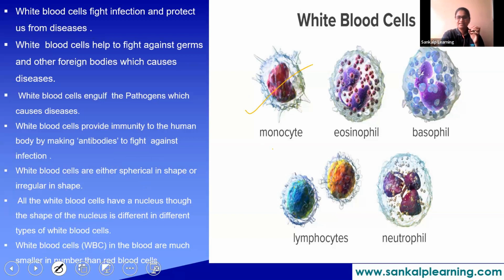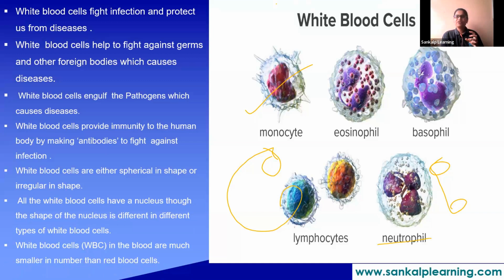Eosinophil, see, it is just like a headset. Then we have basophil, it is dumbbell shaped. Then neutrophil, it has a three-lobed nucleus. So WBCs have varied shapes of nucleus. That is why the types of WBCs are classified based on the shape.